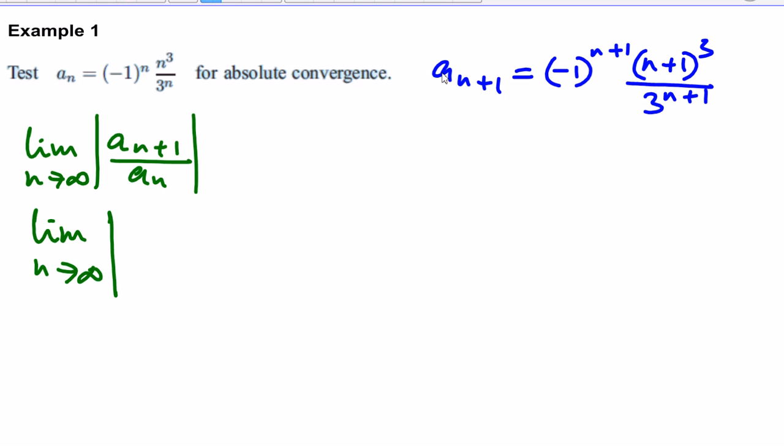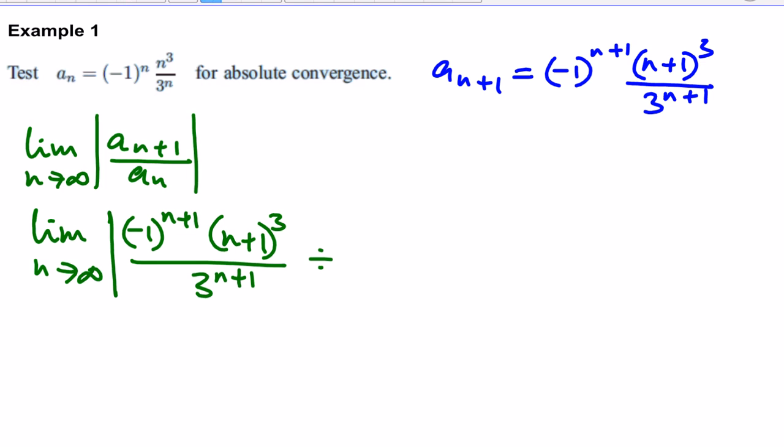Now, s sub n plus 1, we have it on the other side, which is negative 1 to power n plus 1 multiplied by n plus 1 cubed over 3 to power n plus 1. Now, this divided by s sub n, which is given by negative 1 to power n, n cubed over 3 to power n.